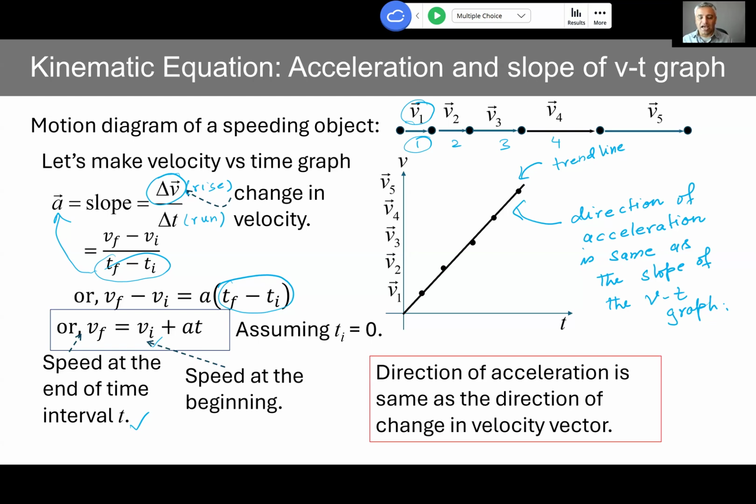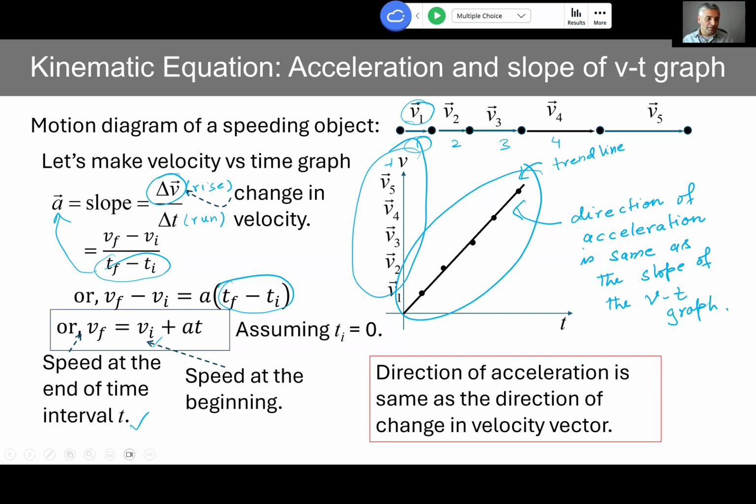Once you have a velocity versus time graph, you can find the slope. The value of that slope is the value of the acceleration, and the sign of the slope is the direction of the acceleration. So is this sloping positively or negatively, assuming these numbers are positive? It is positive, yes.